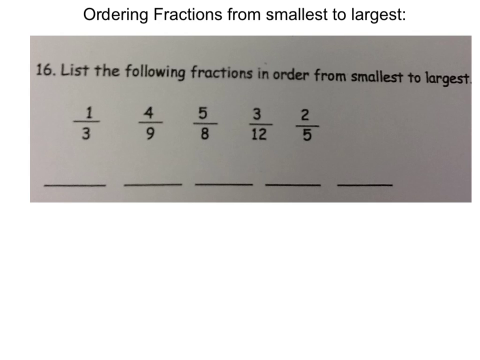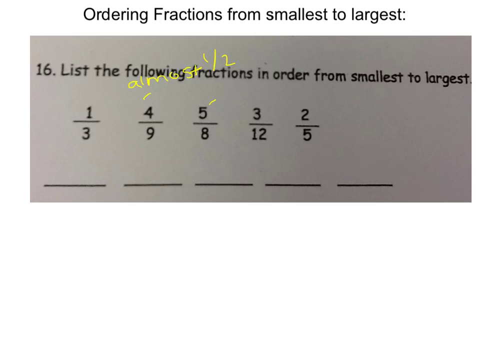In order to list the following fractions in order from smallest to largest, I need to first use some reasoning to figure out which fraction I'm going to start with. When I look at all of these fractions, what jumps out is that 4/9, 5/8, and 2/5 are all pretty close to 1/2. This is almost 1/2.